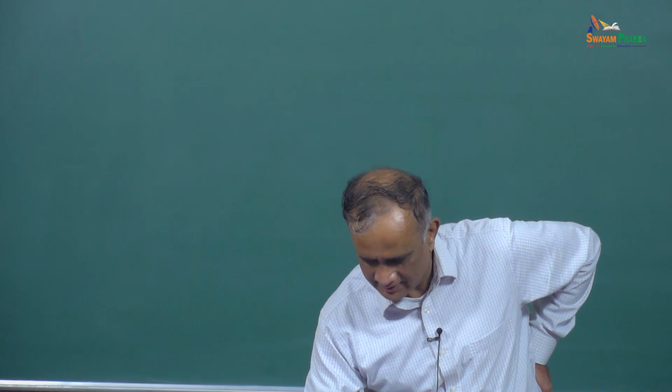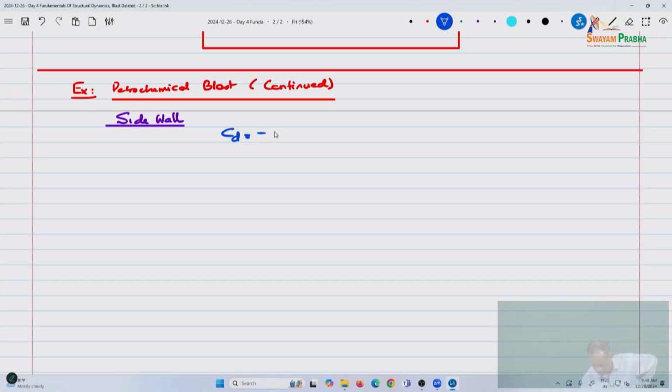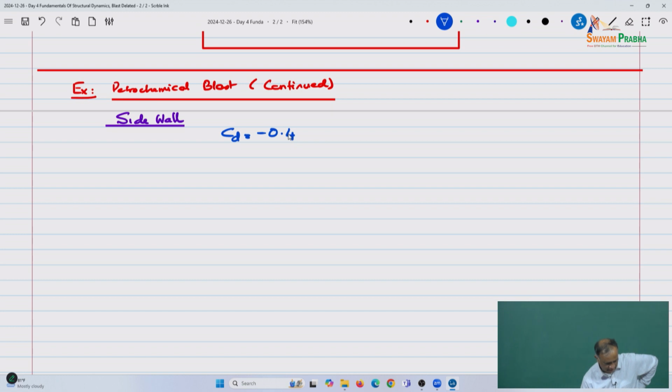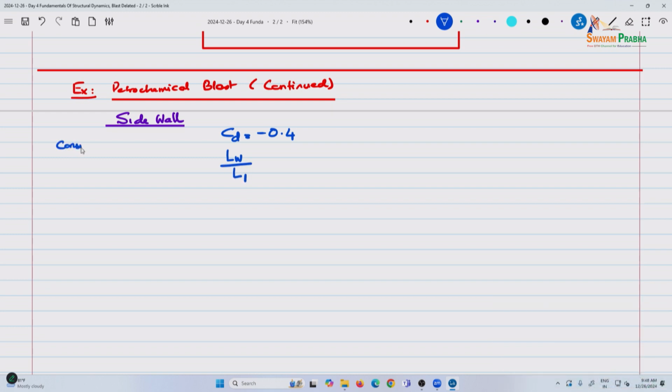So CD, for a side wall, CD, as you know, is minus 0.4, and then you had the length of the wall divided by L1. Side wall we are considering, we had a lot of discussion on what L1 should be, 1 foot. LW is the blast wavelength, was 237 feet, and we are considering 1 foot here.